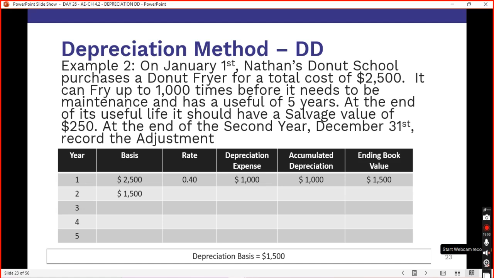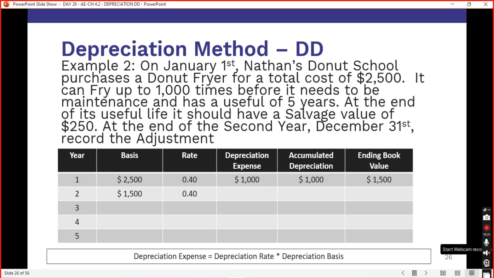What is the depreciation rate? The depreciation rate is still going to be 1 over the estimated useful life times 2, which in this case is 1 divided by 5 years, multiplied by 2, because you want to do it twice as much. It's another 40%. Once again, now we're looking for the depreciation expense for year 2, which is basis times rate.